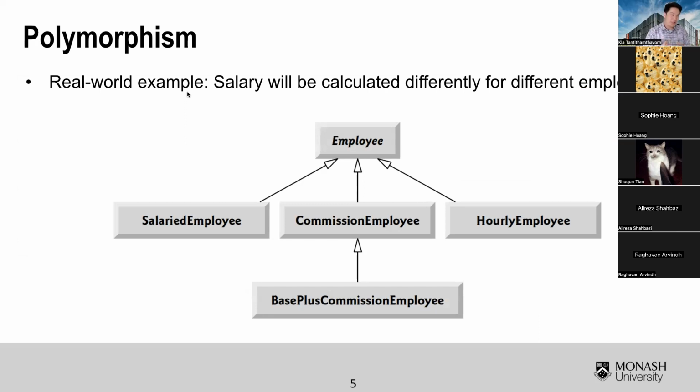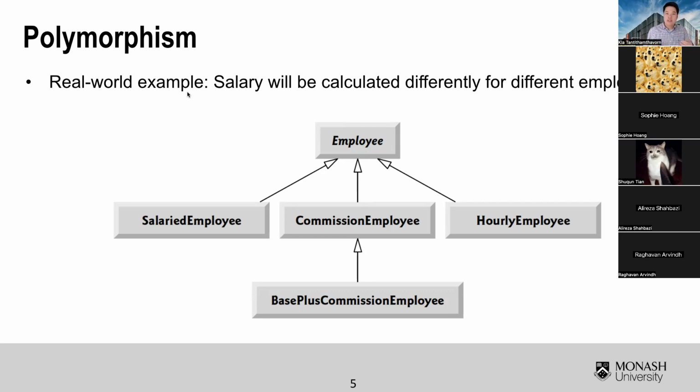Okay, and this is another example. Let's say this is a company, and one company has different employees, and different employees have different types, like a full-time salary employee, or one who gets paid based on commission, like sale associates or sale agents, or a casual contract, an hourly based employee.